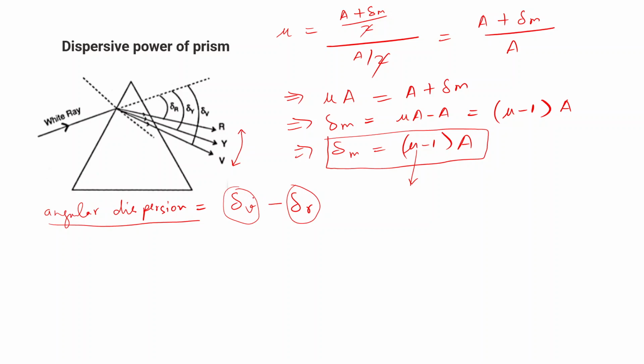So this, in terms of refractive index, will become, from the formula that we have just derived, delta V means mu V minus 1.